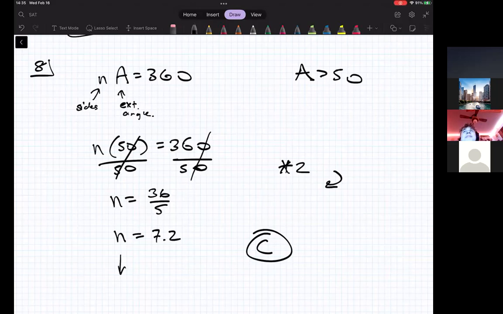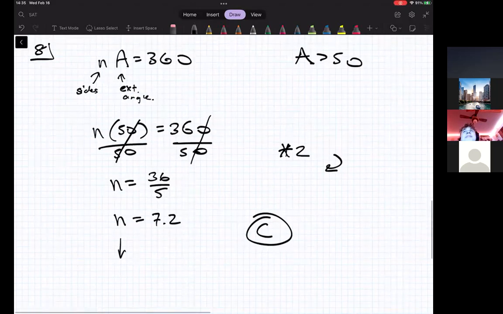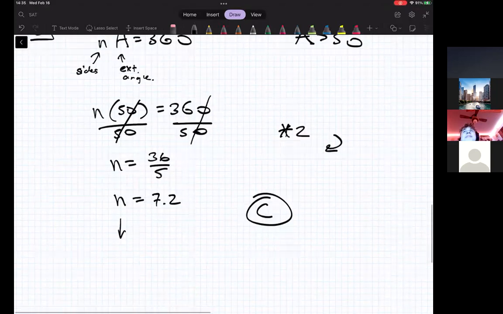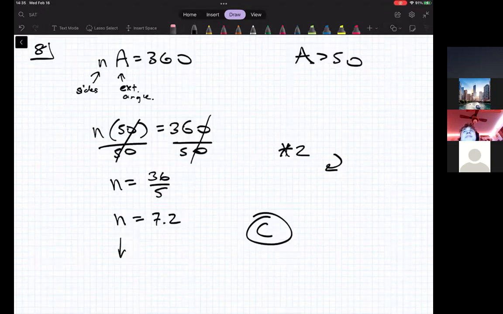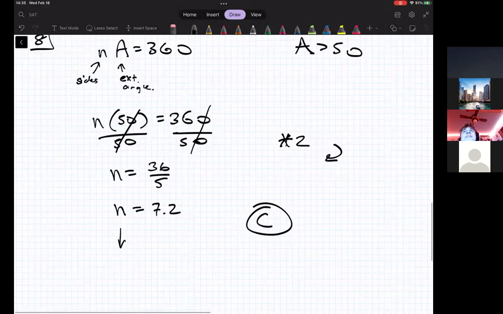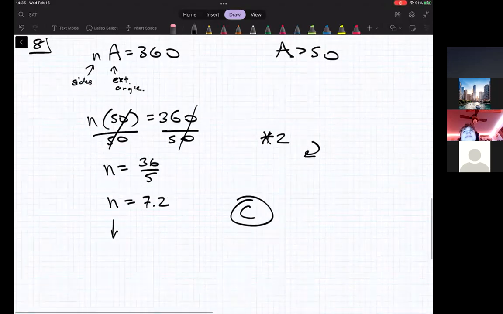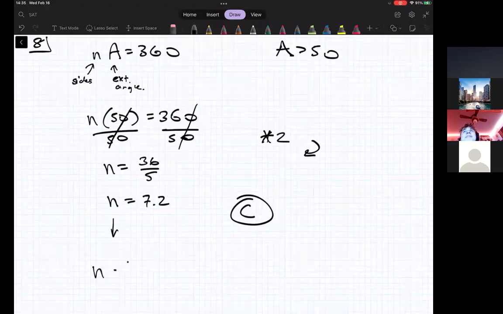Okay. So that's the big thing with the inequalities: you do have to remember that since A is bigger than 50, n actually has to be smaller than 7.2. One thing you can do just to see what happens is plug in a number bigger than 50. If I plug in 60 hypothetically, n times 60 is equal to 360, n is equal to 6.